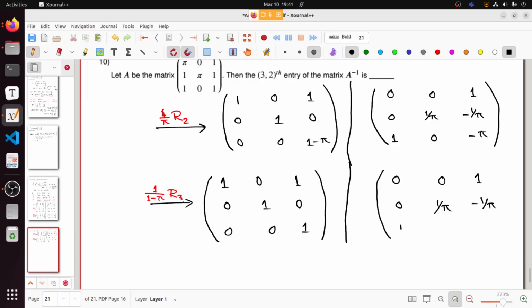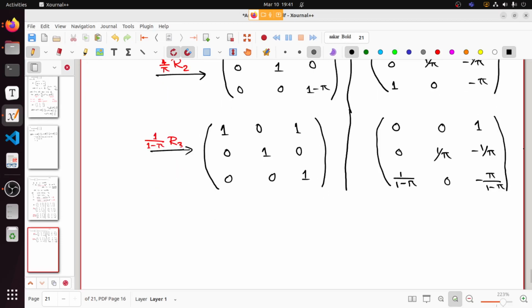You have divided by 1 minus pi, 0 minus pi by 1 minus pi, right? So you have to now make this to be 0 to make it identity. So now you will do R1 minus R3.